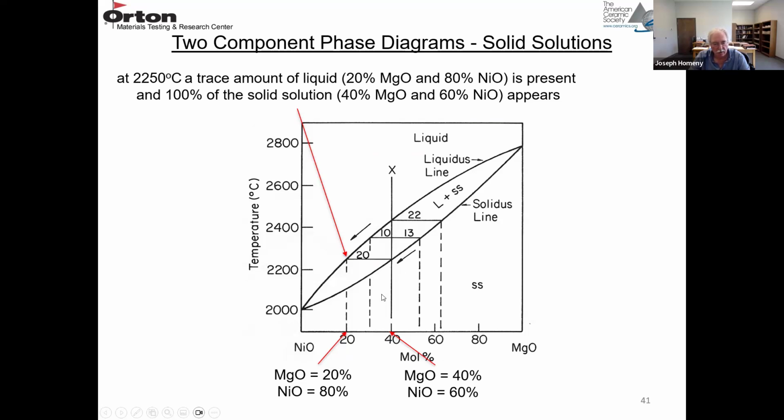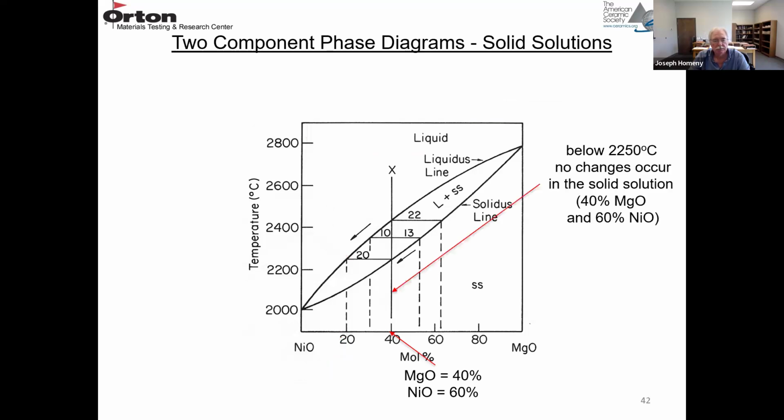So now the liquid phase has disappeared at this point right here, and we're just entering into the solid solution region. So below 2250 degrees C, there's no changes occurring in the equilibrium solid solution, which consists of 40% MgO and 60% NiO. So that just continues down as the same composition solid solution as we keep dropping the temperature.